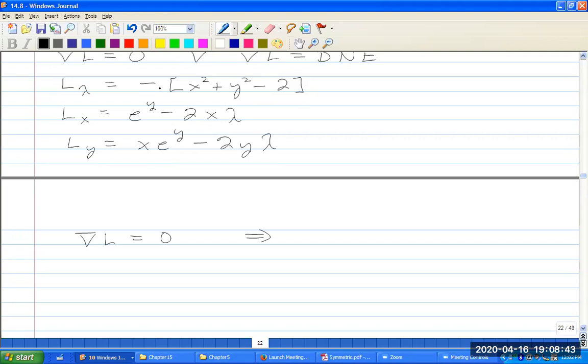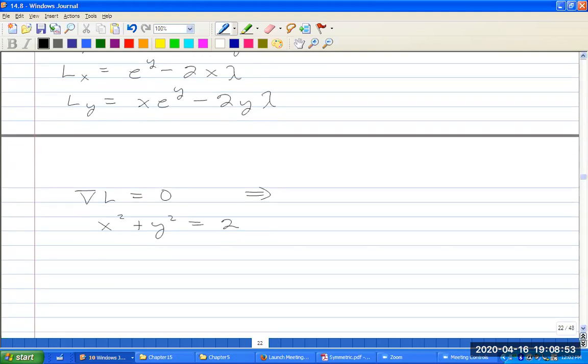I'll just change the sign here. So this just says that x squared plus y squared equals 2. That's the first condition. The next, let's look at the last one. So the last one says x e to the y minus 2y lambda is 0.